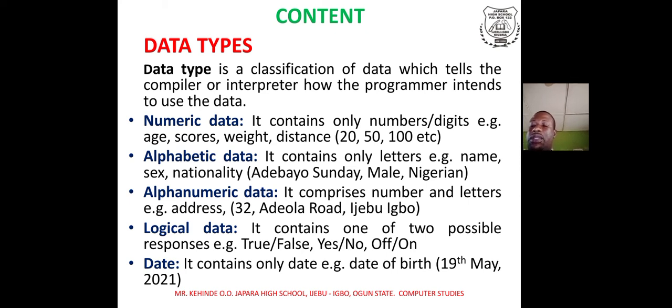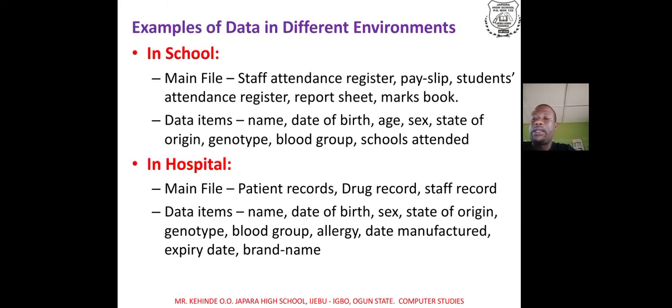Then we have the logical data that can only contain 2 possible responses, for example, true or false, yes or no, on and off. And we equally have the date data type that contains only the date. So we have 5 data types: the numeric data, the alphabetic data, the alphanumeric data, the logical data, and the date data type.